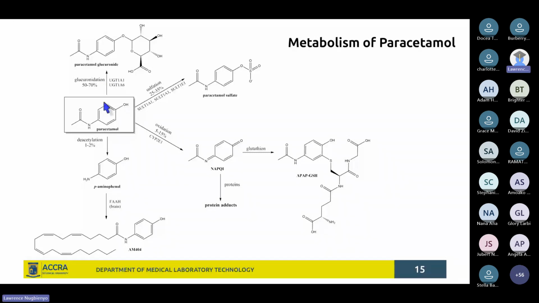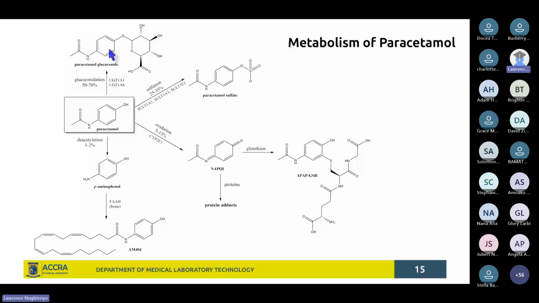And what do you see? There is conjugation of acetaminophen or paracetamol to glucuronic acid. That second ring, which is binding on there, that's glucuronic acid. So you now have paracetamol glucuronide. In fact, you can see clearly that, let's say, 50 to 70% of paracetamol taken in goes through this pathway.